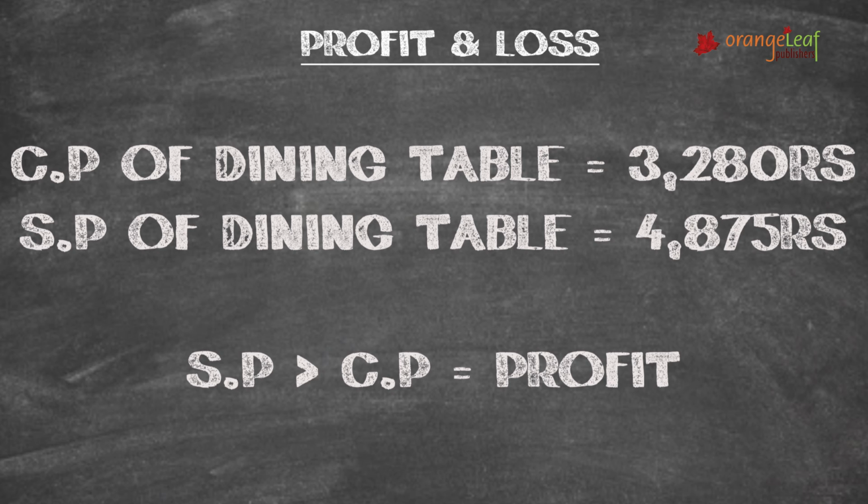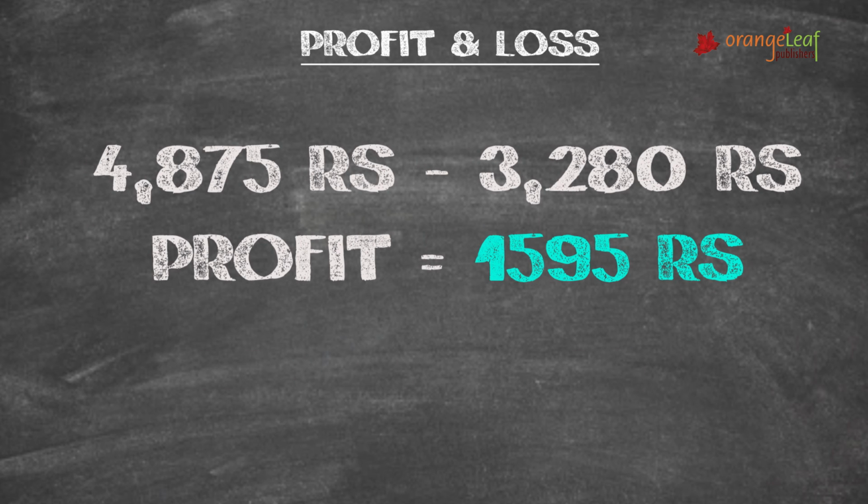This means that the selling price is higher than the cost price, meaning there is a profit made. To calculate the amount of profit, we subtract 3,280 from 4,875, which gives us the result of 1,595, which is the amount of profit made on the dining table by the shopkeeper.